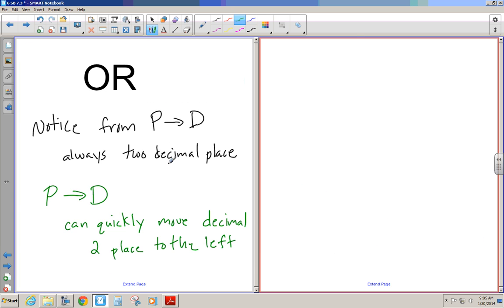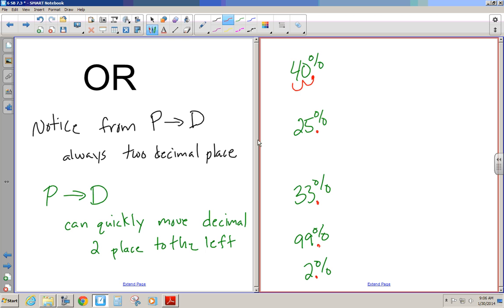That means now I can give you any sort of decimal or percent. 40%, 25%, 33%, 99%, 2%. And without doing the dividing and the fractions, which is important for you to remember though, all you really need to know is that there's a decimal point here, and you can quickly convert these percentages to decimals by moving two places to the left.